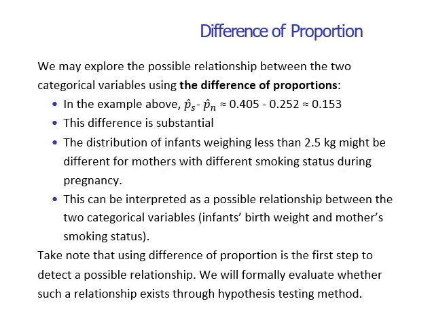So when we have these two proportions, we can just look in a very simplistic sense. It means that the probability of having a smaller baby is 15.3% higher if the mother is a smoker, correct? So this difference can be quite substantial.